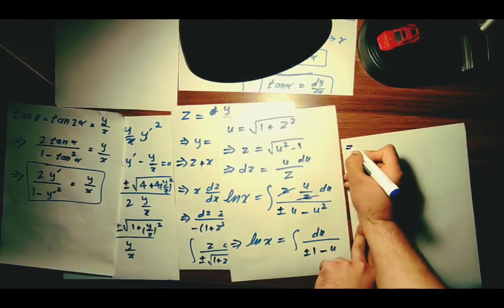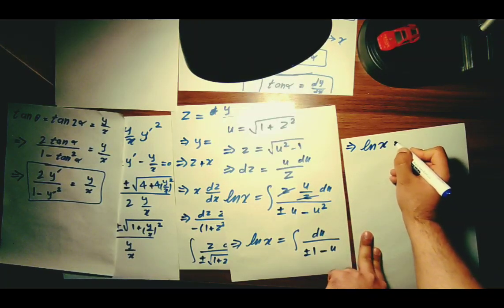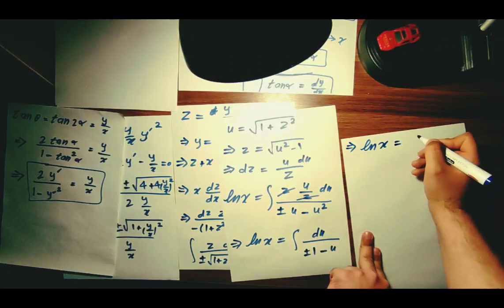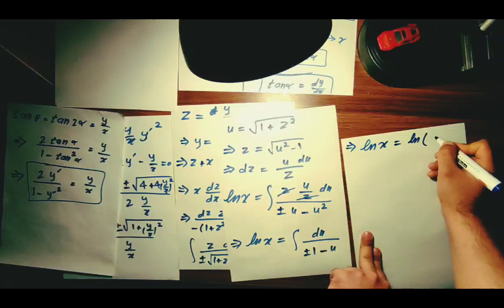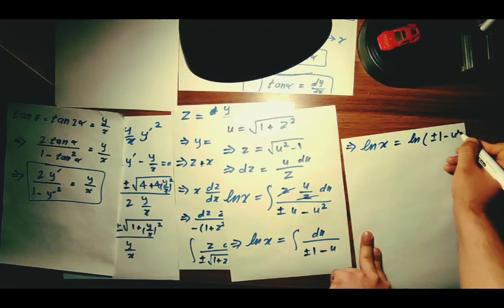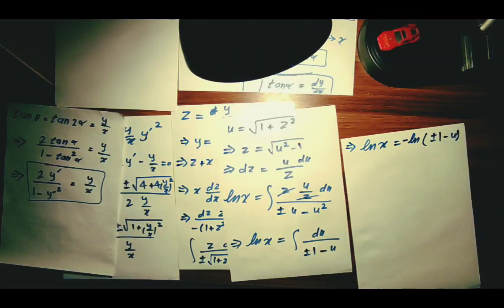So ln of x is equal to, actually, ln of plus minus 1 minus u, but we need a minus here because the derivative of this is minus 1 and we need a minus 1 here.